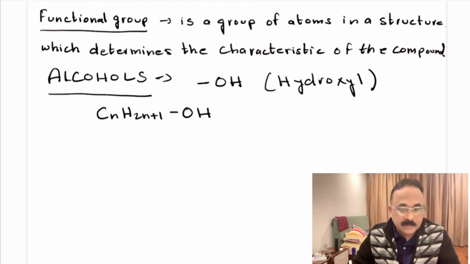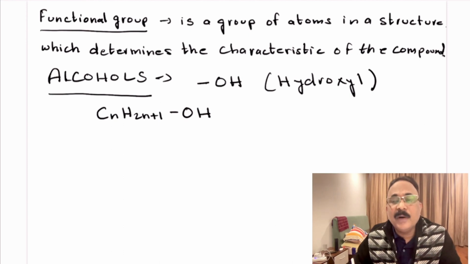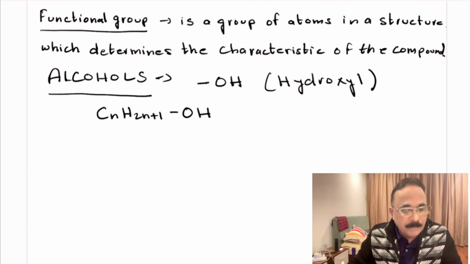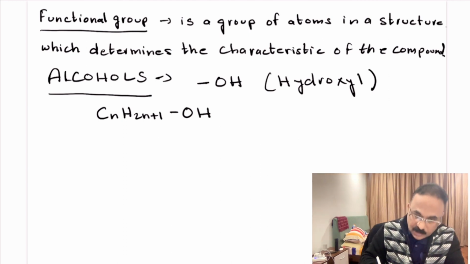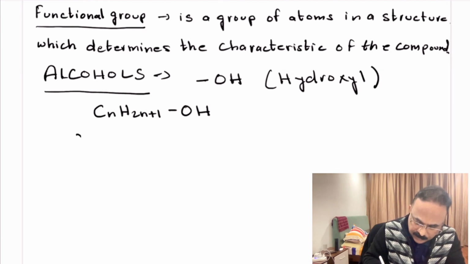Now the first alcohol has only one carbon in it, and it is known as methanol. So let's first write down the formula and then draw the structure of methanol. Only one carbon, CH3OH.